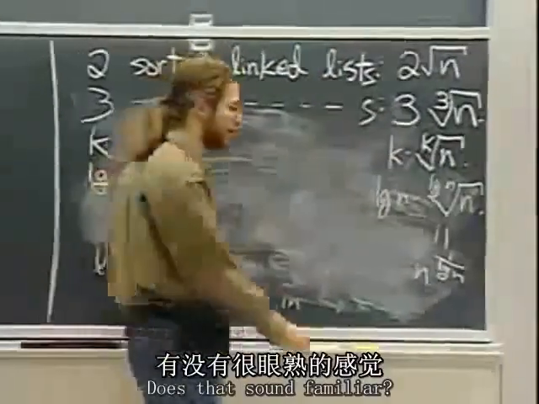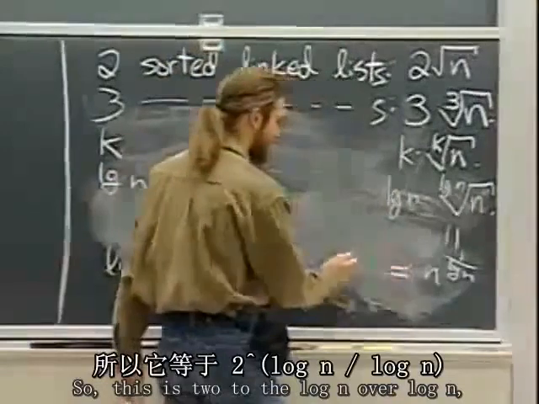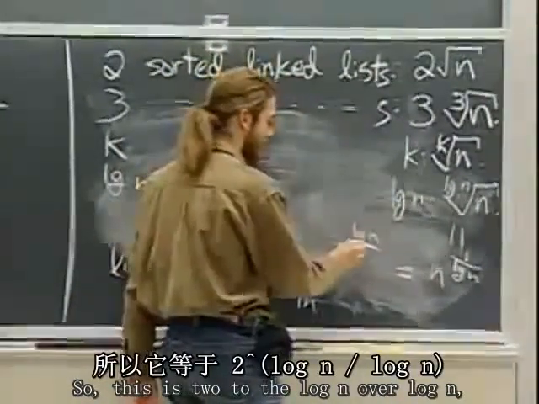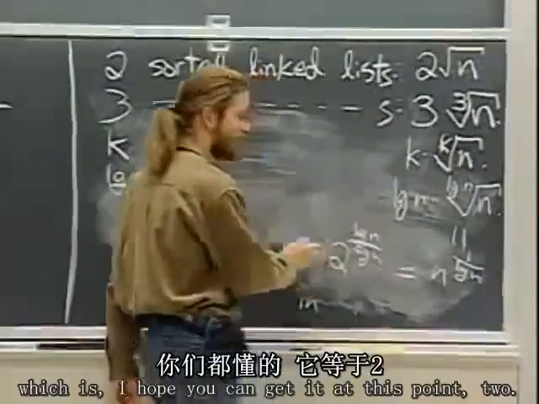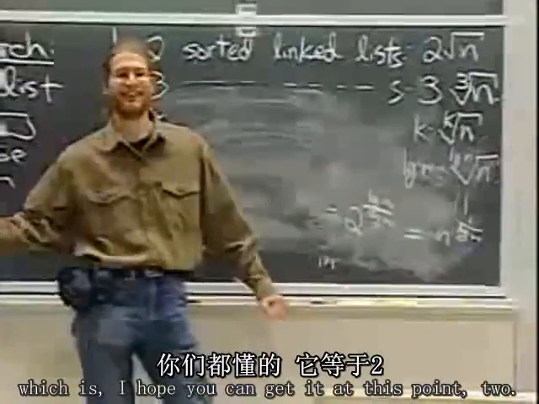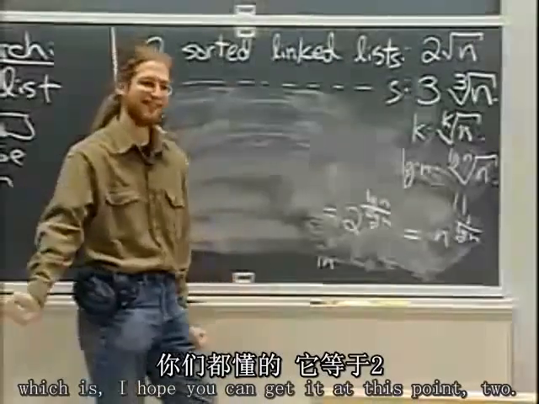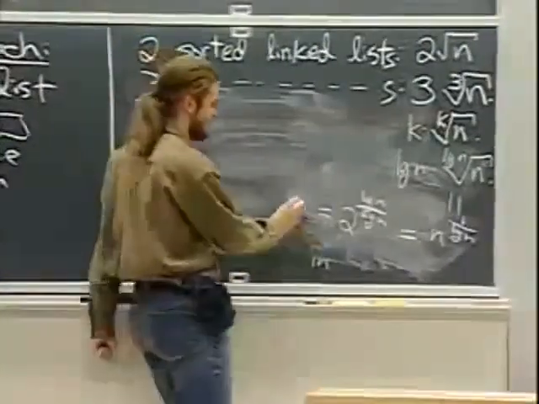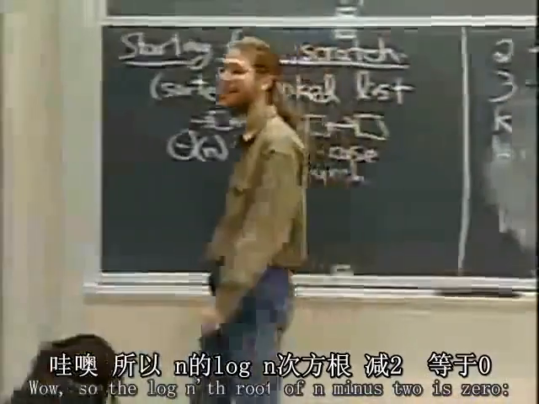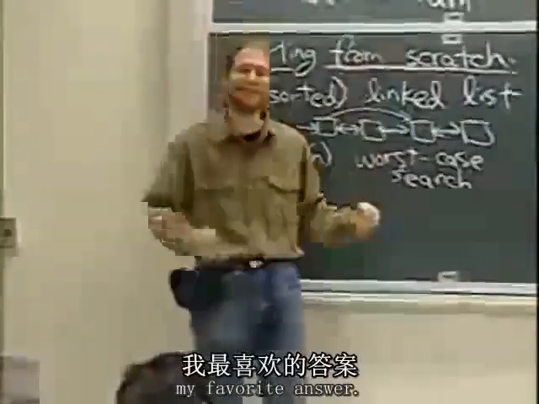Sound familiar? So this is 2 to the log n over log n, which is 2. Wow. So the log nth root of n minus 2 is 0, my favorite answer.